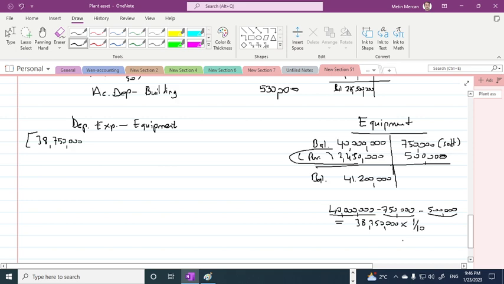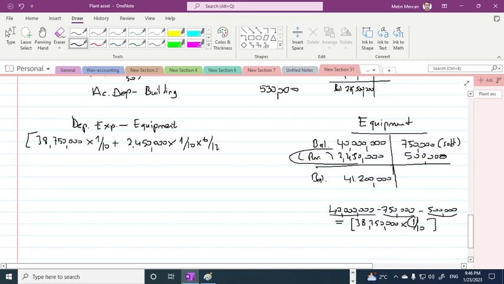1/10, right? Because it is full. This means the whole year. That is 1/10, plus $2,450,000, and this is also 1/10 multiplied by 6/12, because it is purchased on July 1.